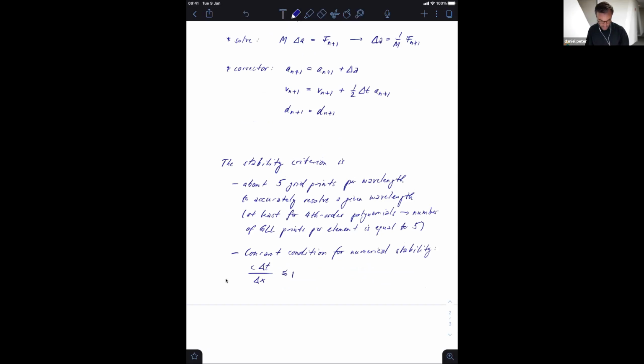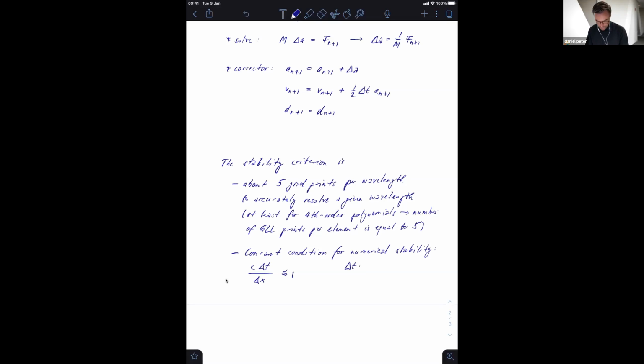So is this one, that the wave speed c times the time step size divided by the grid spacing between the nodes should be less than 1.